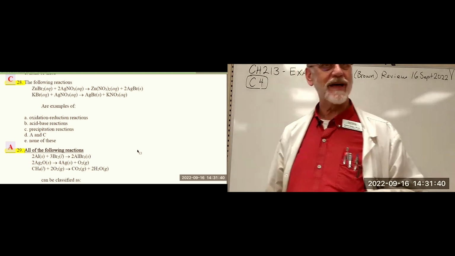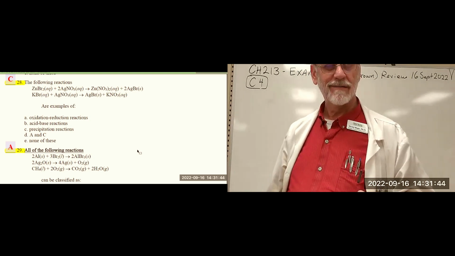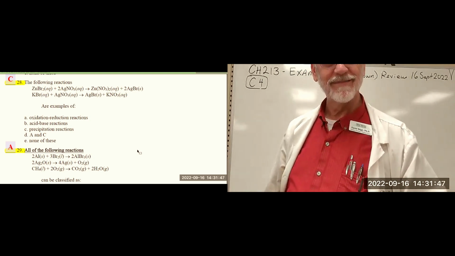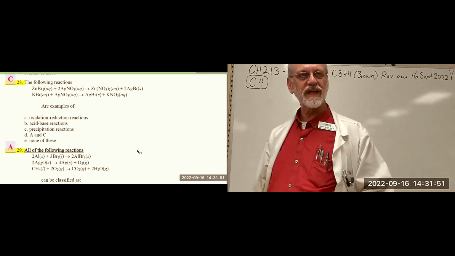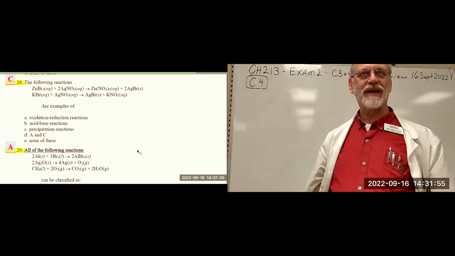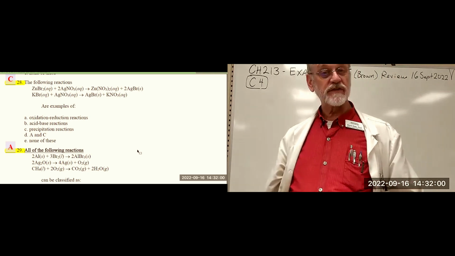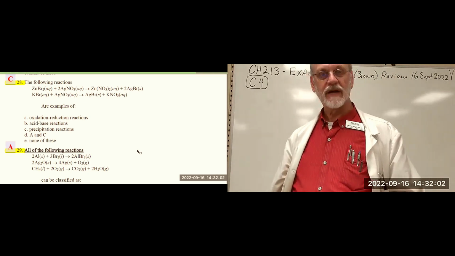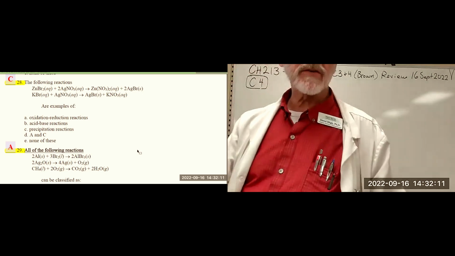What kind of reaction is that? Precipitation. You've got two solutions you put together, and when they react, boom, you get a solid dropping out. That's a precipitation reaction. The next one is a similar type, right? You've got a solution and a solution put together, you end up with a solid. Okay, those are precipitation reactions.